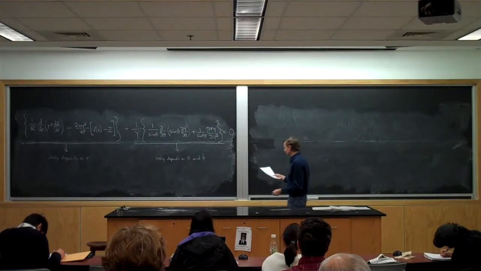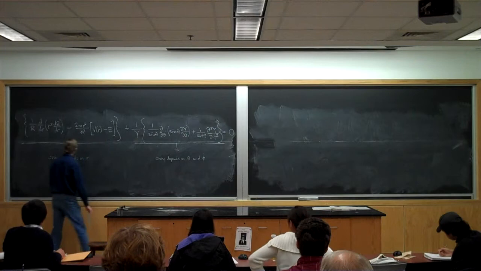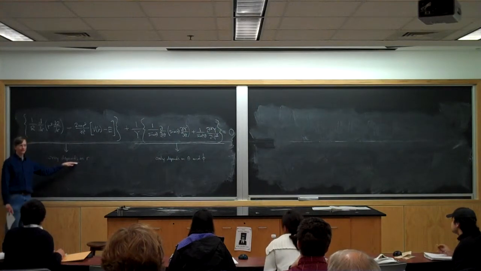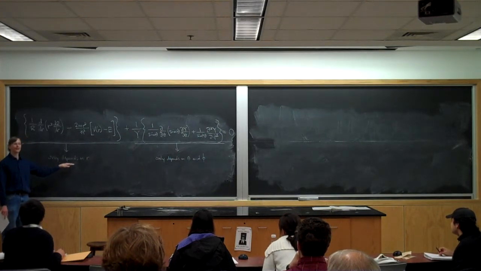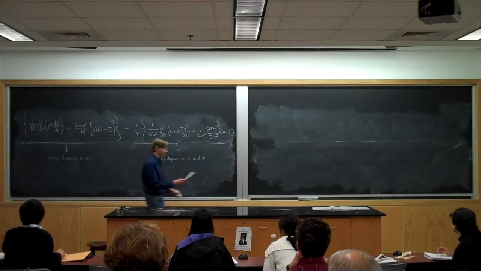Now, what we're going to argue is that in fact, not only does this only depend on r, it doesn't depend on r, it's constant, and so is that term. How are we going to get that out of here?